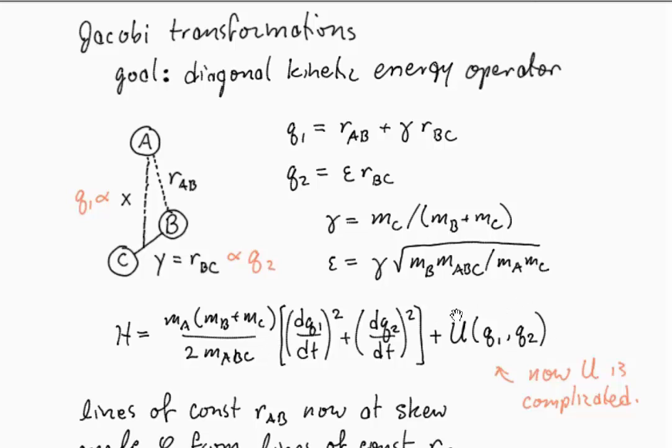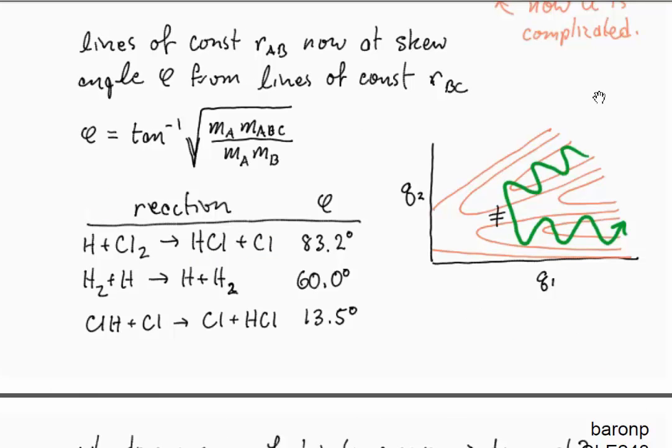And this is the potential energy surface. Now, this potential energy surface is somewhat more complicated than we had before. Before we had these very intuitive R_AB and R_BC arguments, and now we have to invert the relationship here and then use those to get my U function. So the lines of constant R_AB are no longer at perpendicular directions to the R_BC.